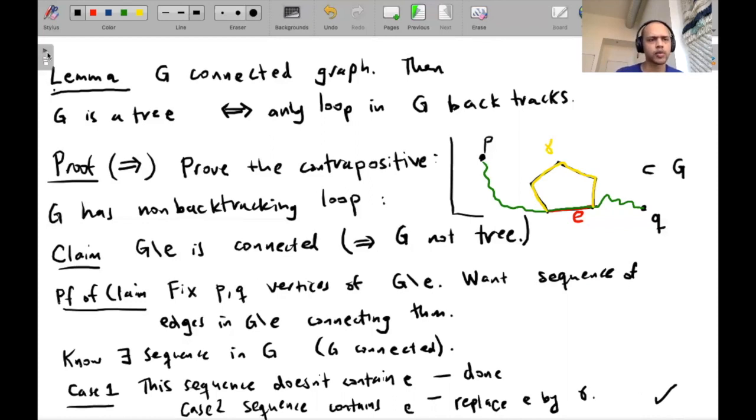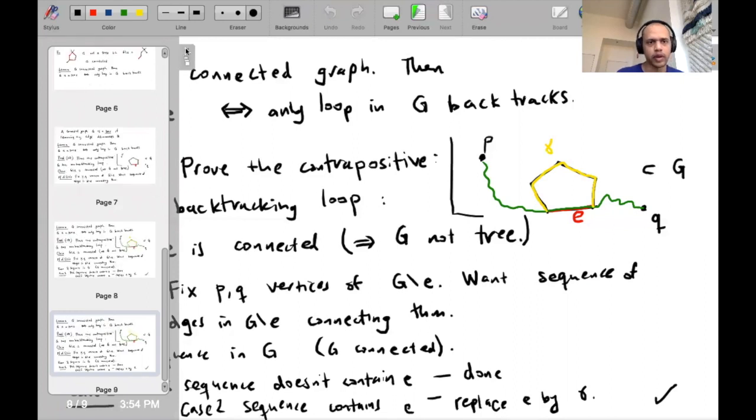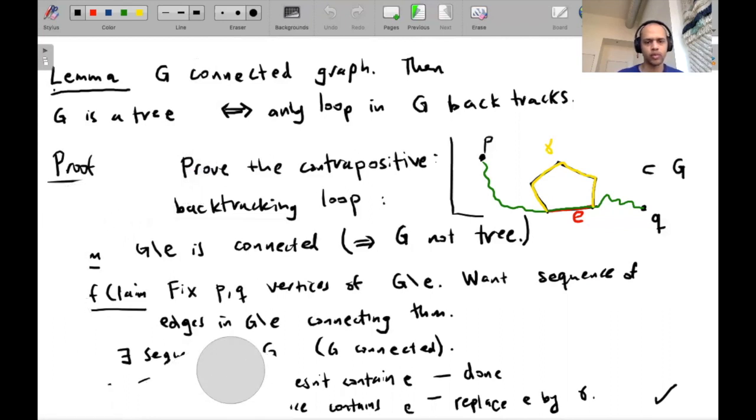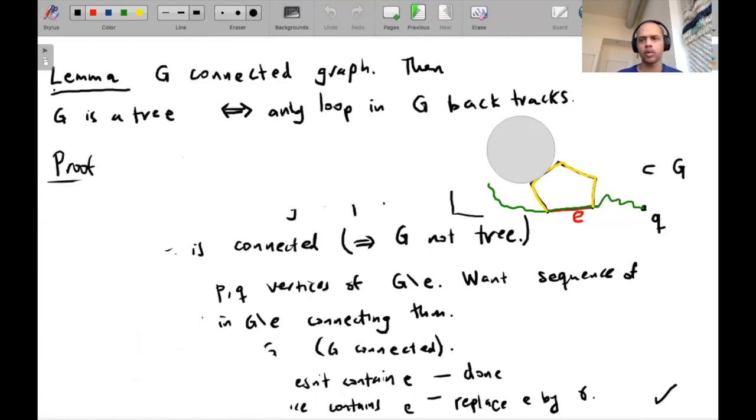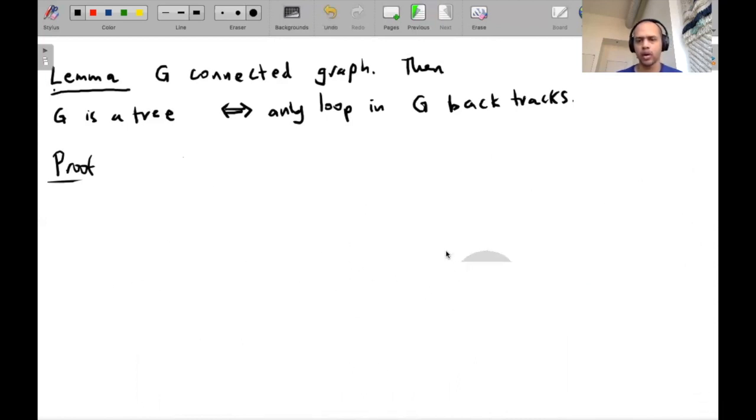Okay, so now let's prove the other direction. I'm going to duplicate this page again, and then just erase the argument that we did so far. Okay. So now let's do the backwards direction. And again, we're going to prove the contrapositive.